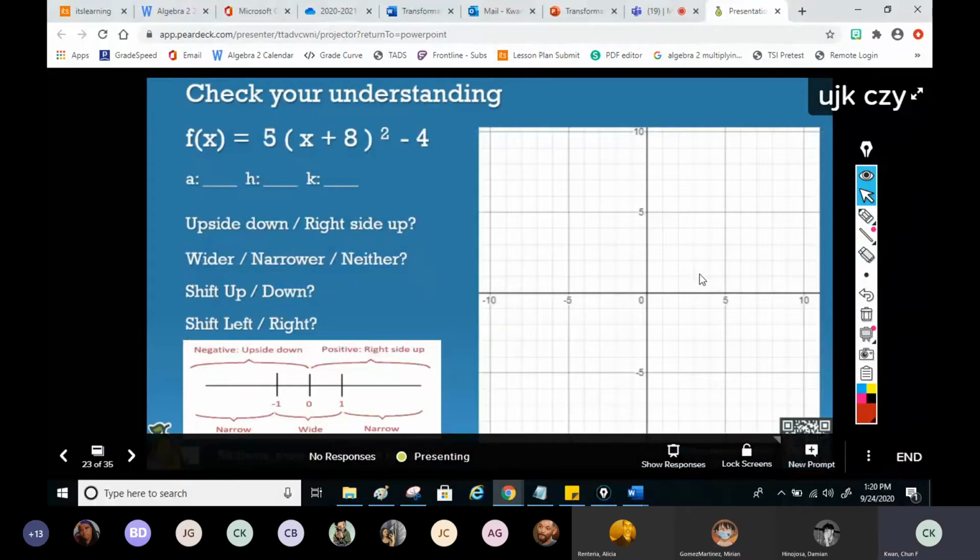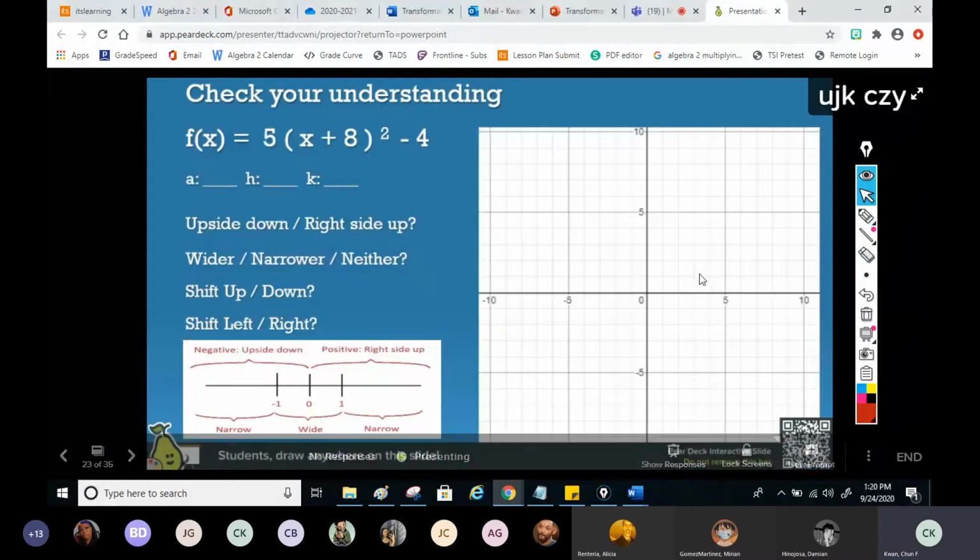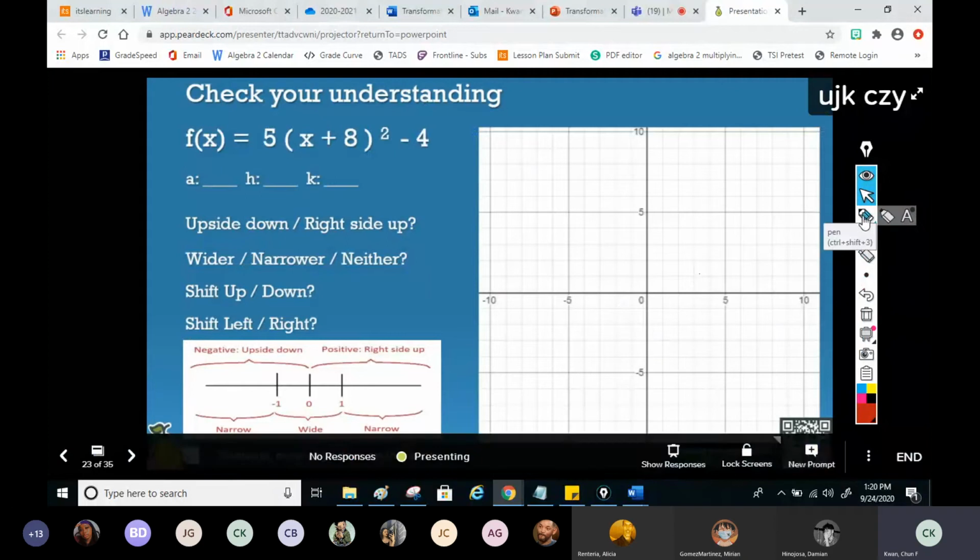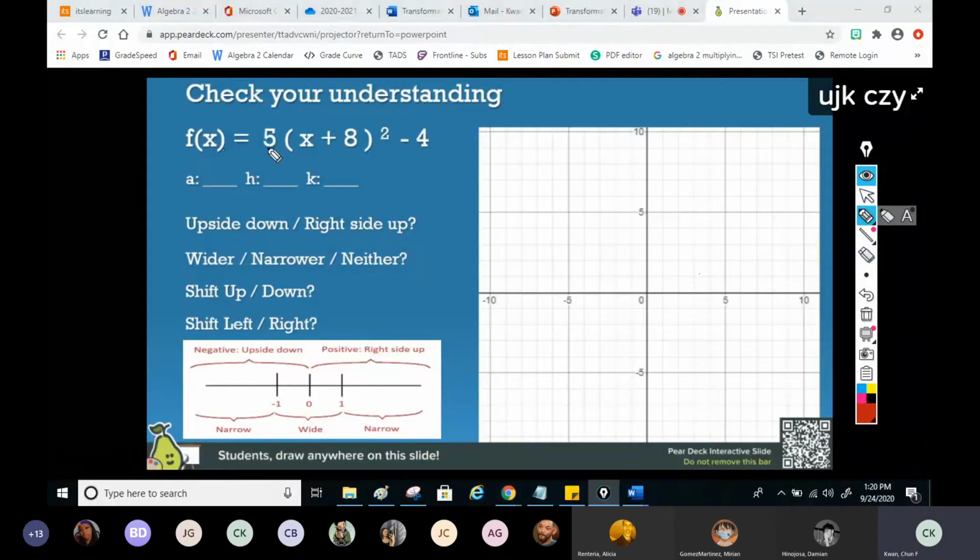Okay, so now why don't you guys give it a try? It's going to be your turn, all right? I want to see what you guys have learned so far. So do the exact same thing. Tell me which number is A, which number is H, which number is K. Is it upside down, right side up, wide, narrow, or neither? Shifting up or down, left or right.